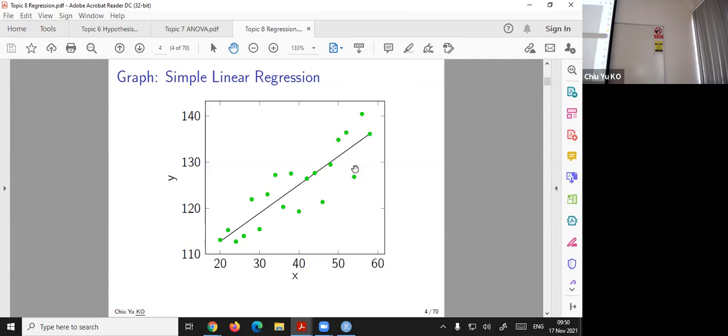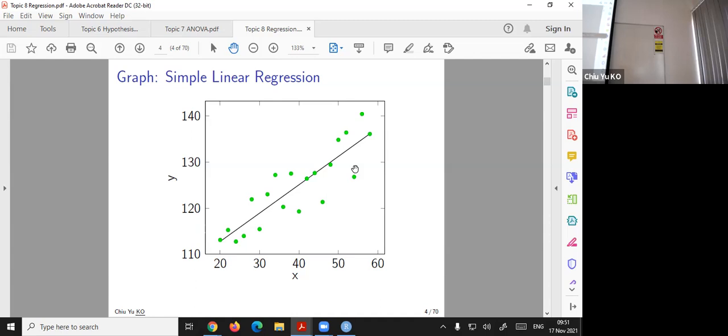The reason is that we are in the classical environment where X is something we can control. You can imagine X is something we set in an experiment. We control X and see the effect on Y. So why do we care about the vertical distance? It's the accuracy of the model. We want X to tell us what Y is.